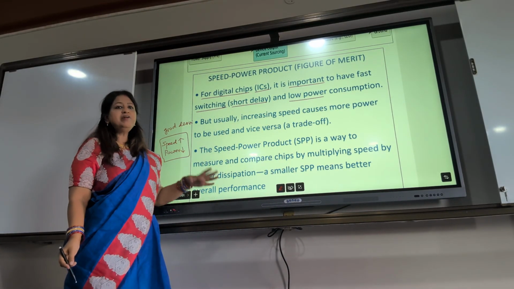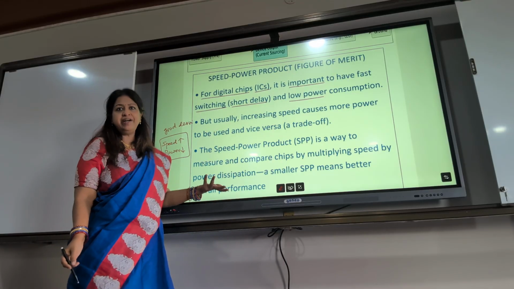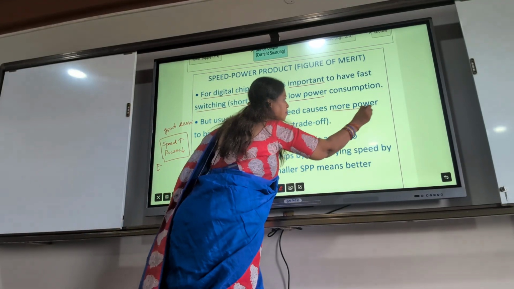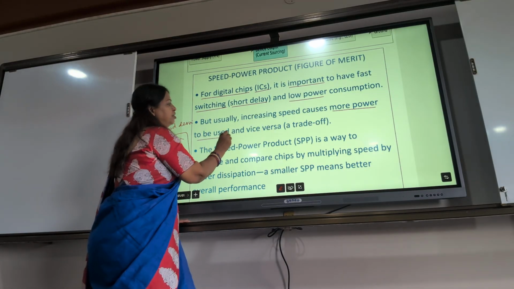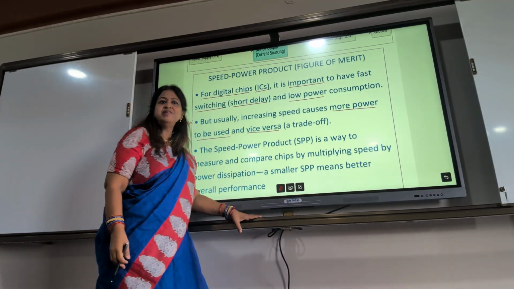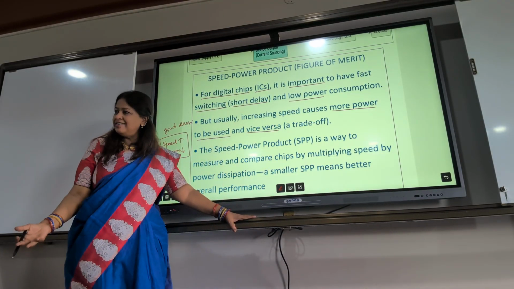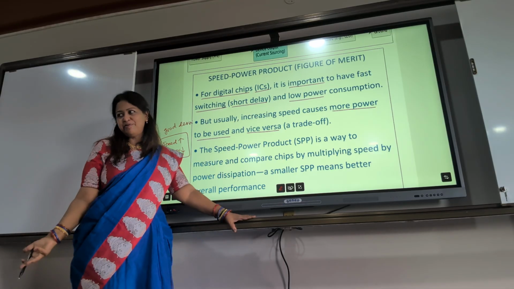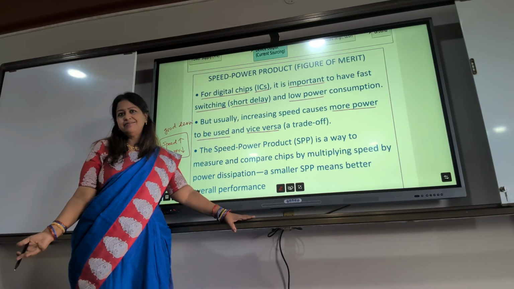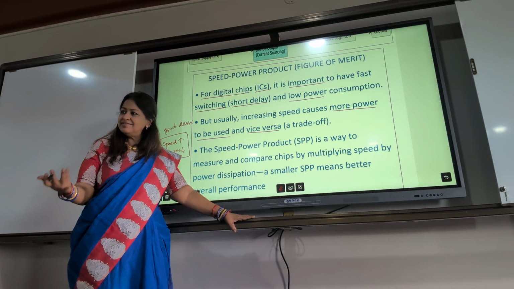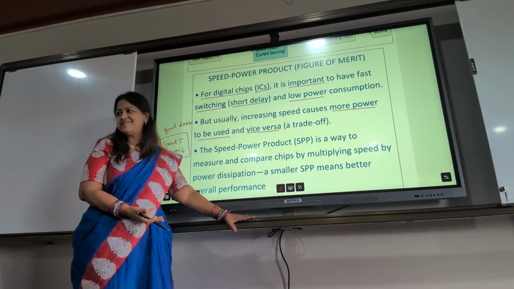But usually increasing speed causes more power to be used and vice versa. That means if you want speed, you will have more power. If you want less power, speed will be less.